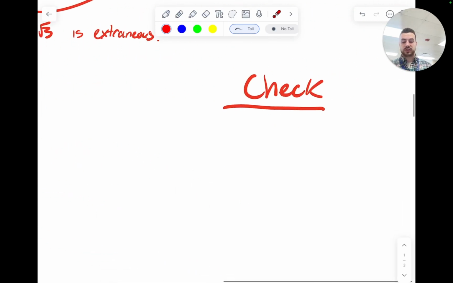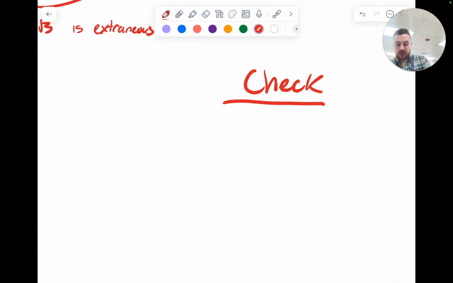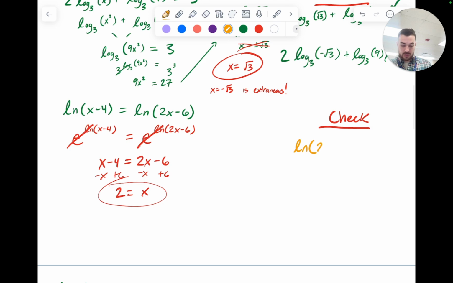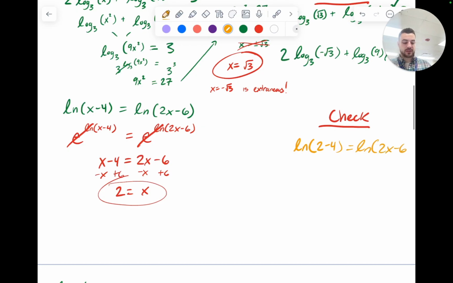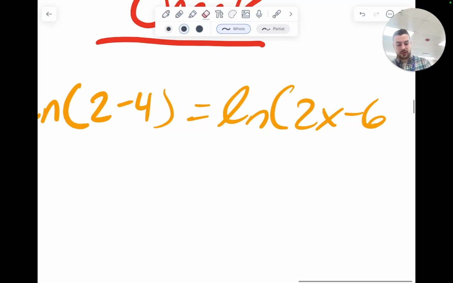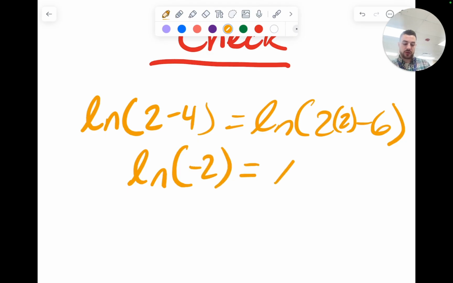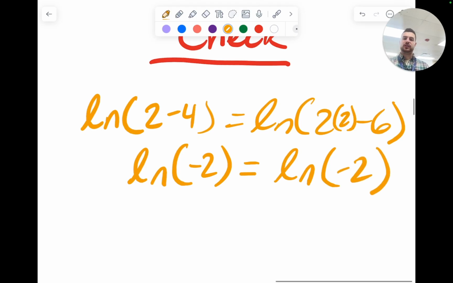Just real quick, just to double check, we've got the natural log of 2 minus 4 equals the natural log of 2x minus 6, and x here is 2. As you can see, we get the natural log of negative 2 equals the natural log of negative 2. Now that looks a little bit strange.